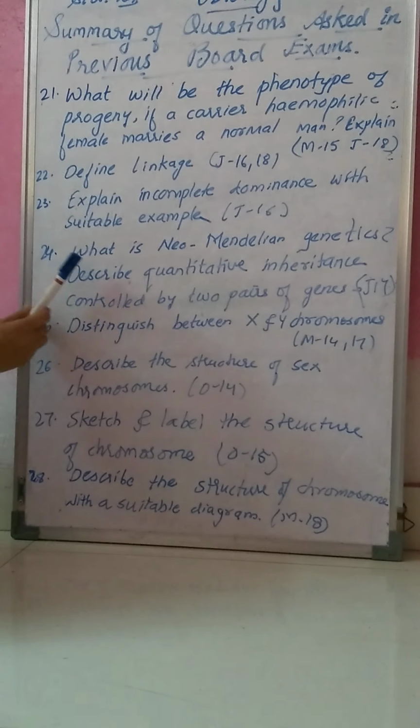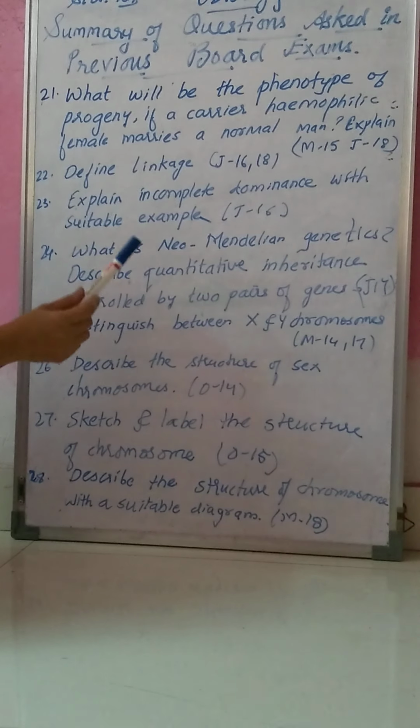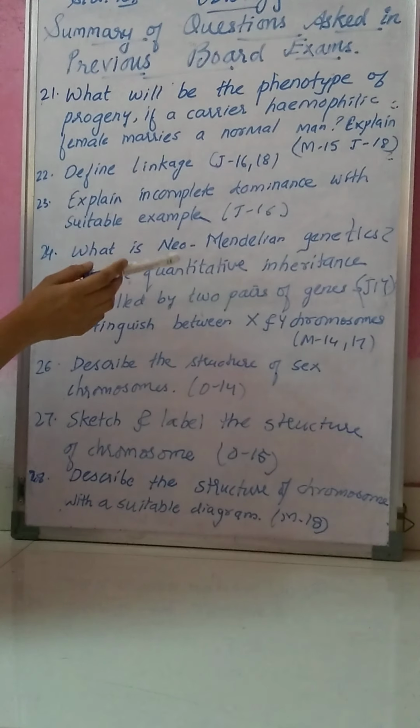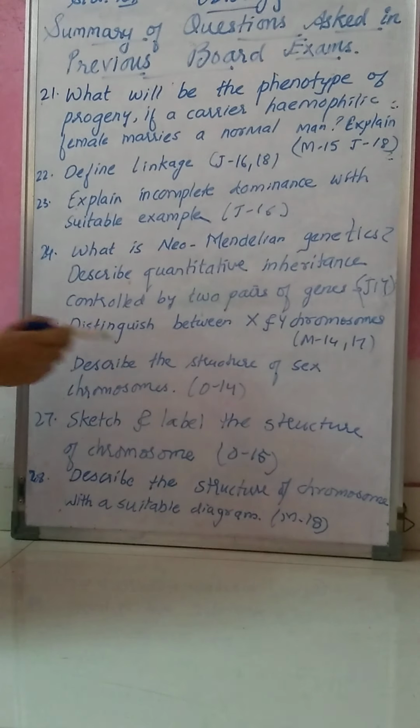In the first part you have to write about neo-Mendelian genetics, and the second part is to describe quantitative inheritance which is controlled by two pairs of genes. Simple. July 2014.